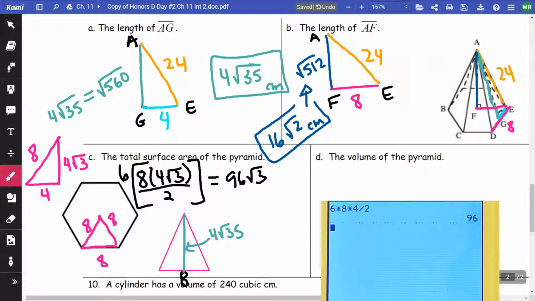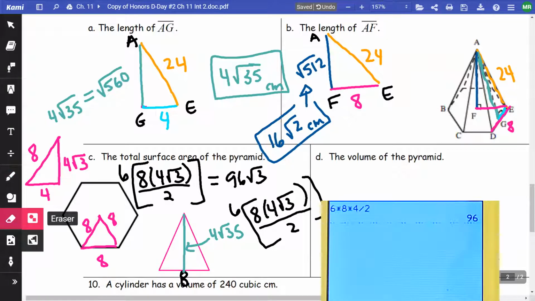So to find the area of that, I am going to take my base, which is 8, times my height, which is 4 root 35, divide it by 2, and I have 6 of these.